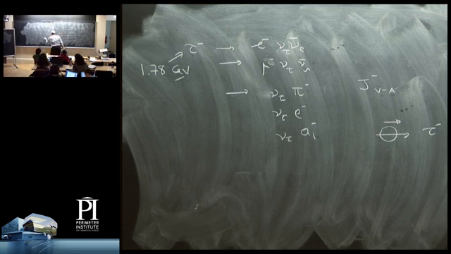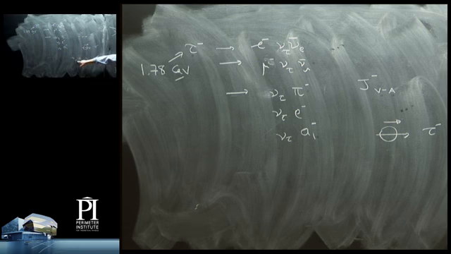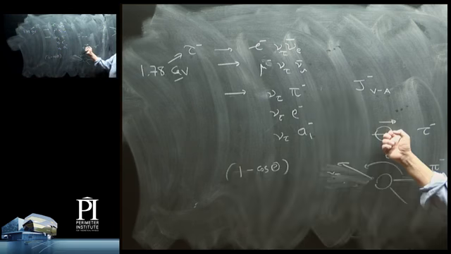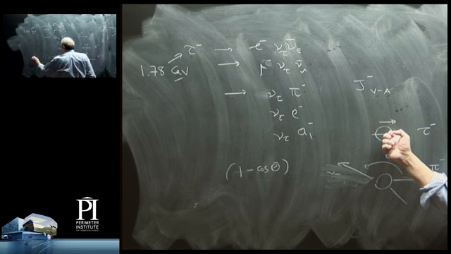The neutrino is always left-handed. So what that means is that in this frame, the neutrino must decay backwards to conserve angular momentum. The distribution is actually 1 minus cosine theta, where theta is the angle between the neutrino direction and the tau momentum. You can work that out very easily.